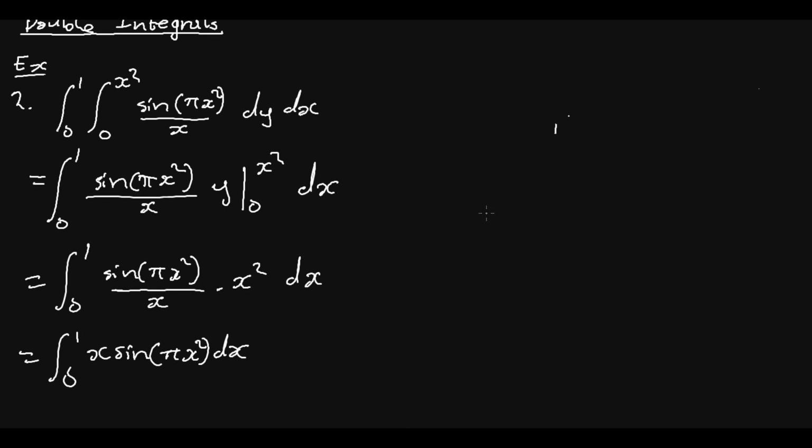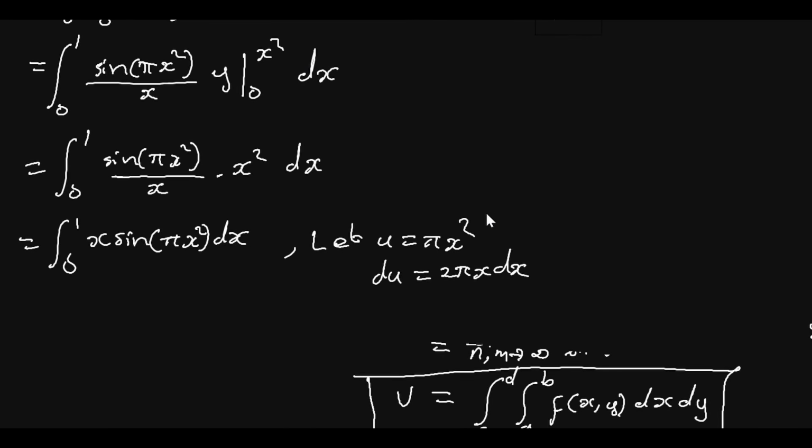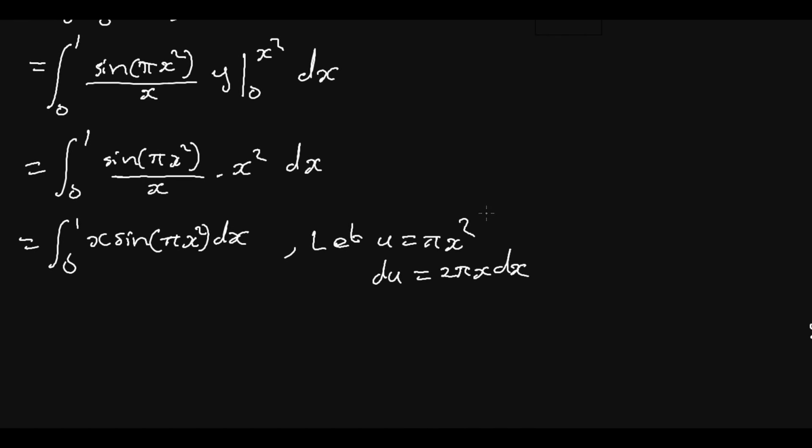You can see it's a nice, easy u substitution problem. Let me apply the u substitution. Let u equal pi x squared, which means du is equal to 2 pi x dx. It therefore means x dx is equal to 1 over 2 pi du.